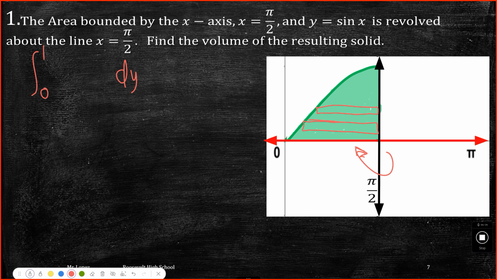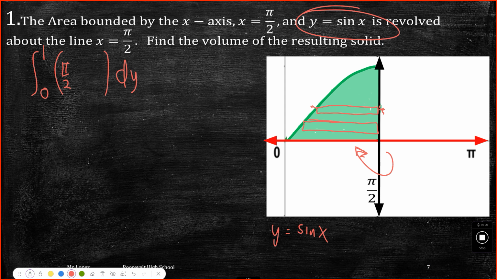So we're going to do what minus what? It's going to be pi by 2 minus, because we're subtracting the right from the left here, pi by 2 minus x. Y equals cosine x, so we have to change everything to dy.